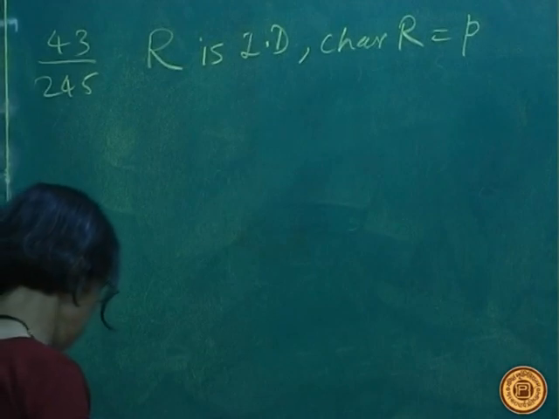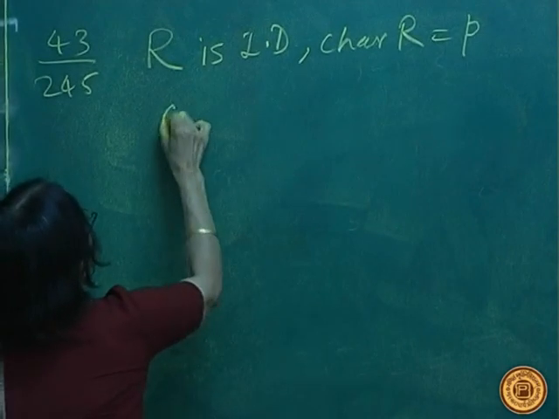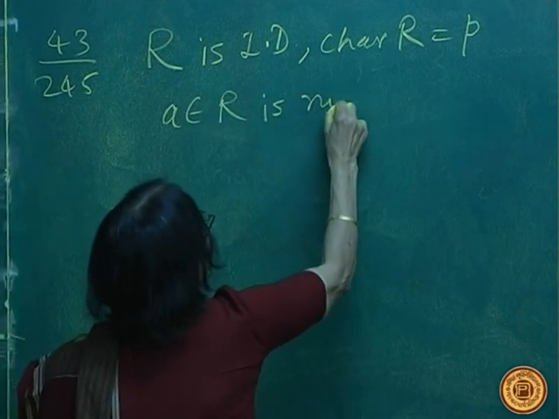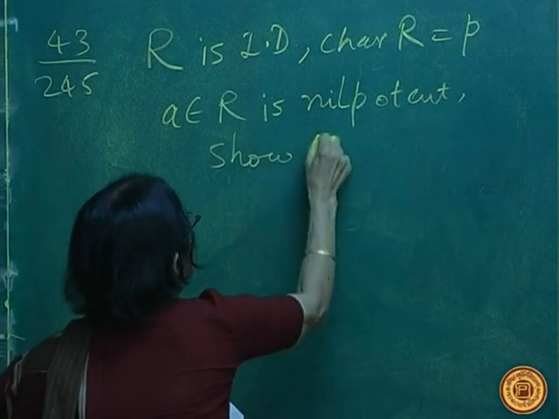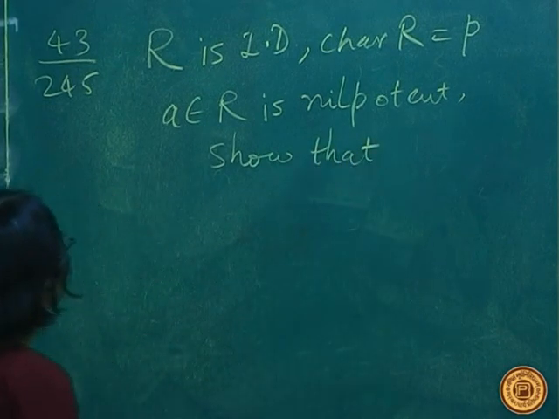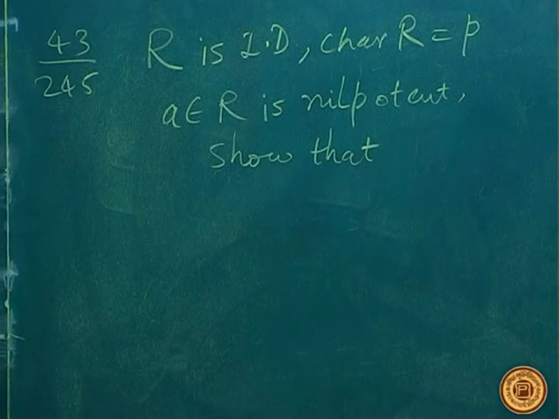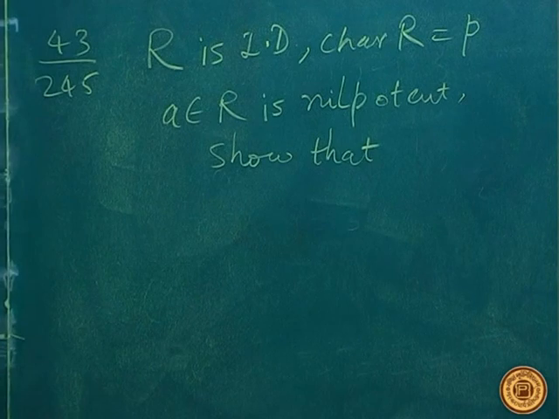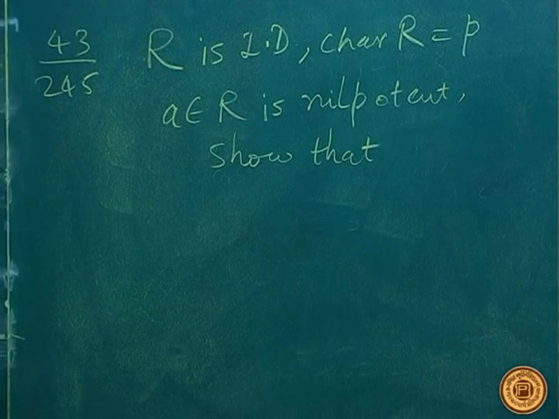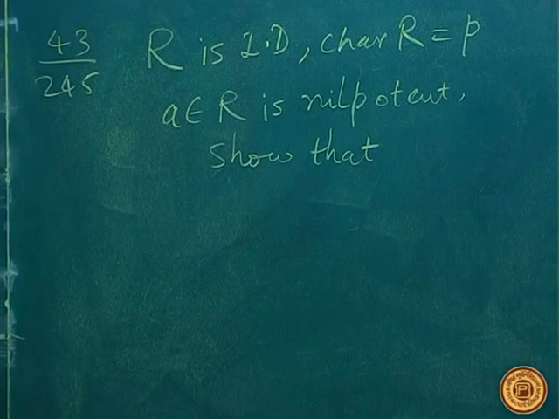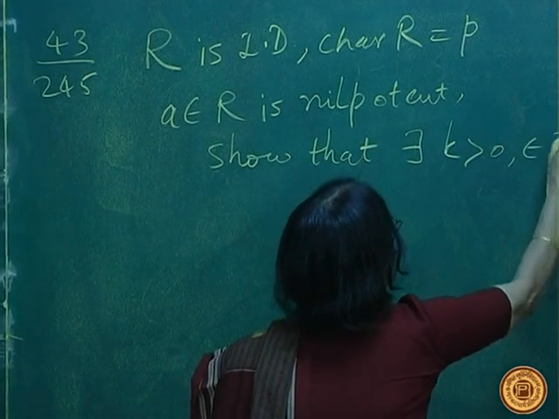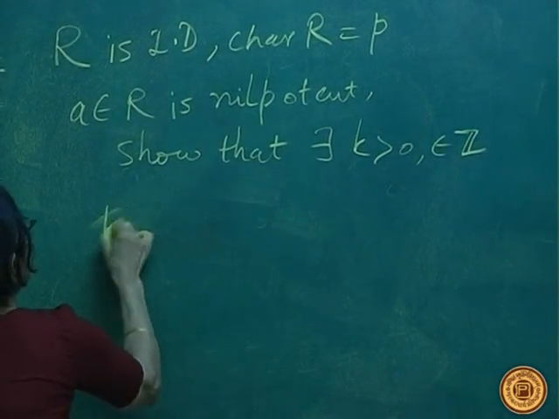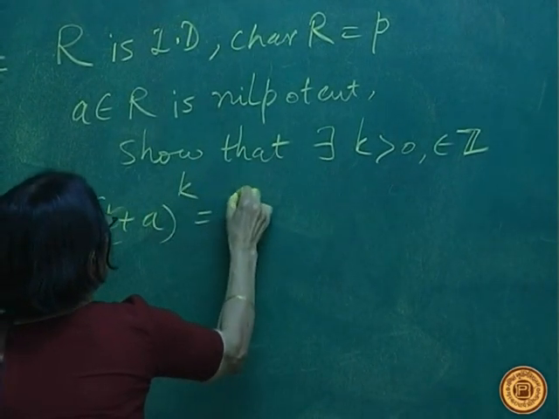If a in R is nilpotent, show that there is a positive integer k such that (1 + a)^k is equal to unity.